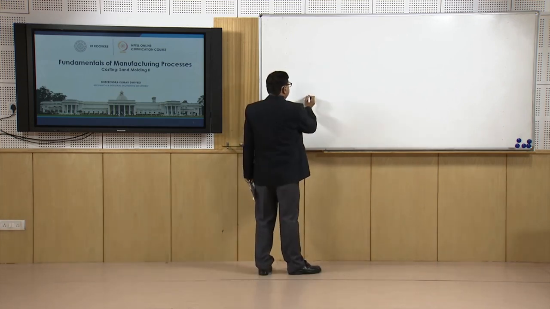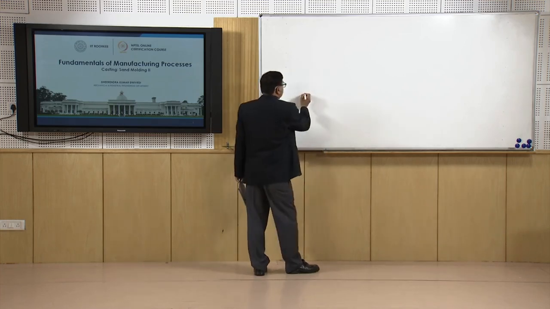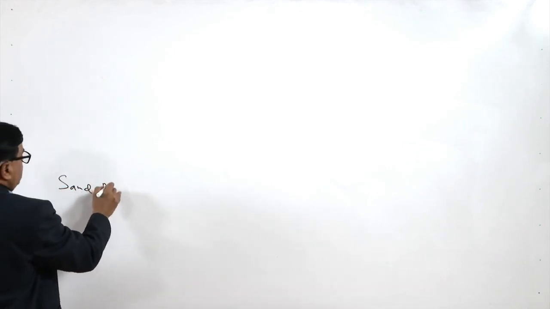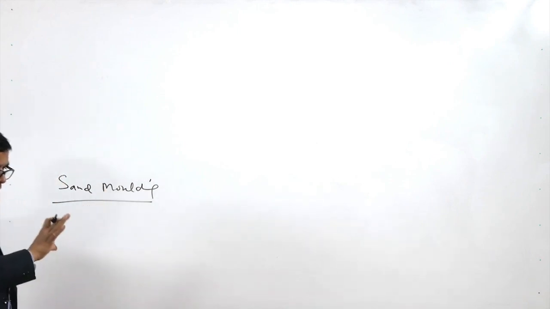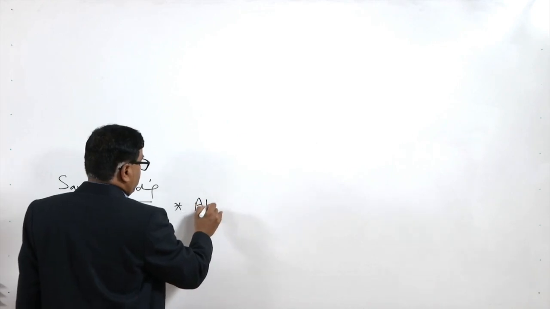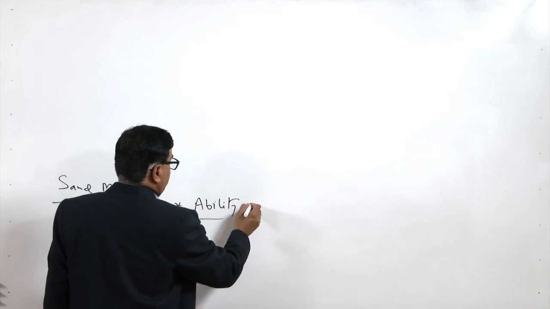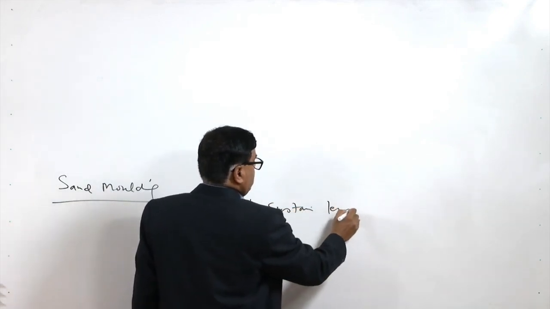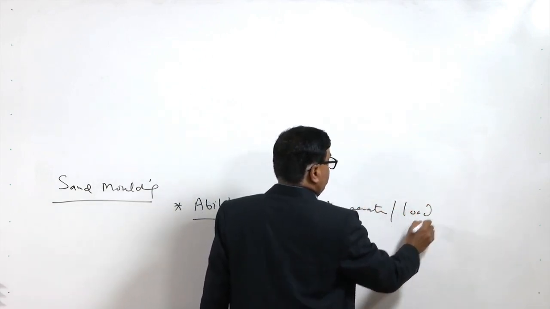Now, coming to certain characteristics which a sand mold should have. The sand mold should have certain features in order to provide a sound casting, and among these is the ability to sustain two things: temperature and load of the molten metal.